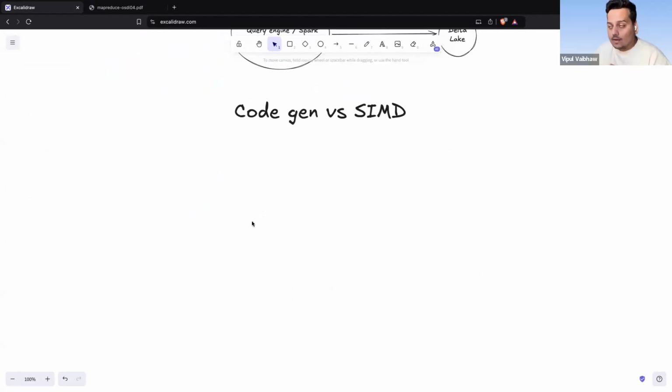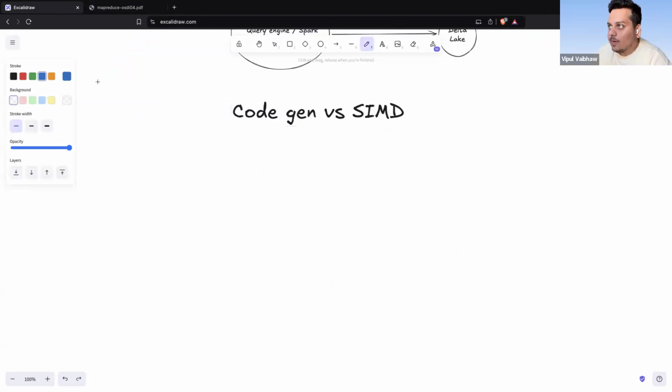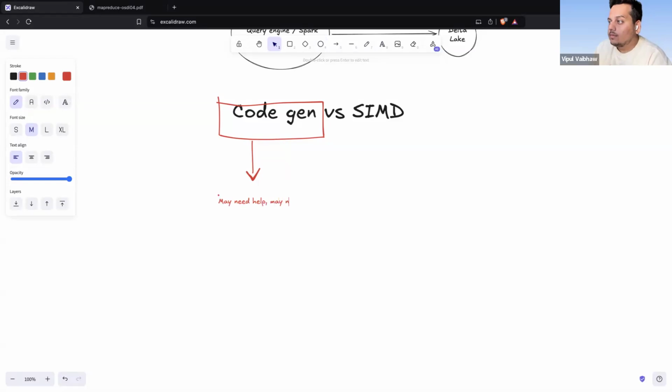The third thing, this is fundamental. When Spark came into the picture, Spark said that my philosophy is that programmers may not be able to write the best optimized code. Programmers may need help.